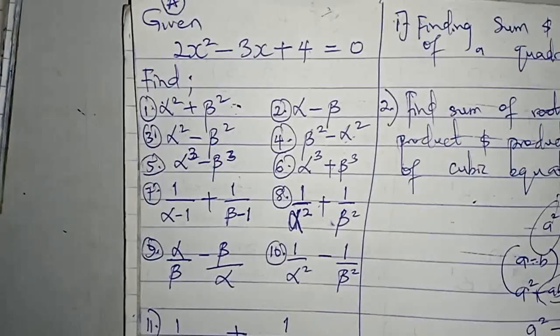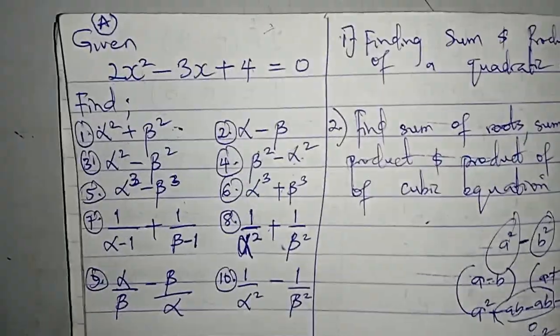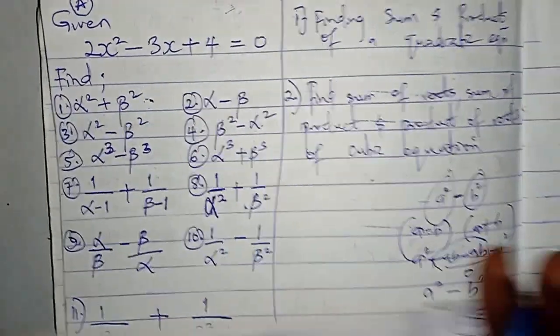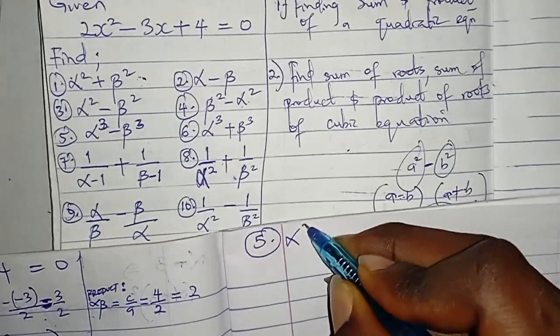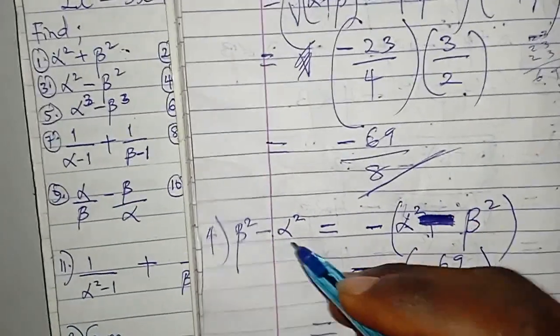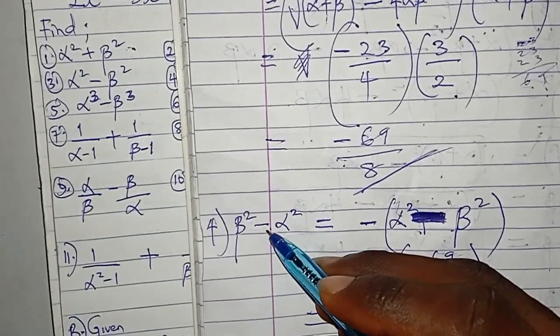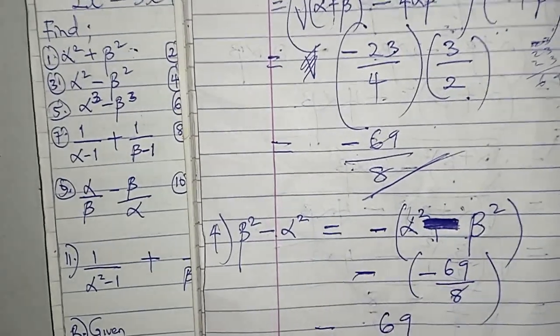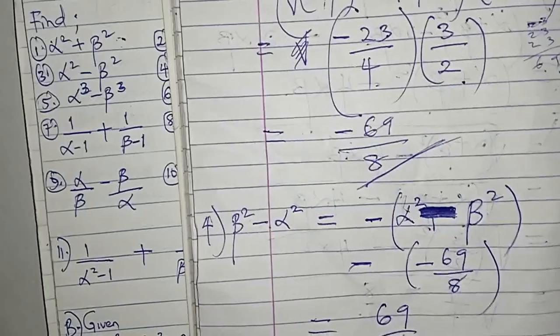We have alpha cube minus beta cube. Anytime they give you alpha to be negative, in most cases it's always the other way around, and beta should be negative.